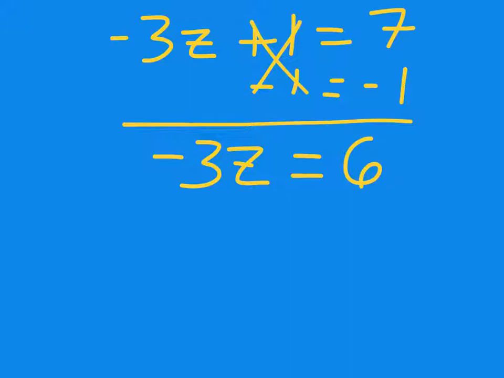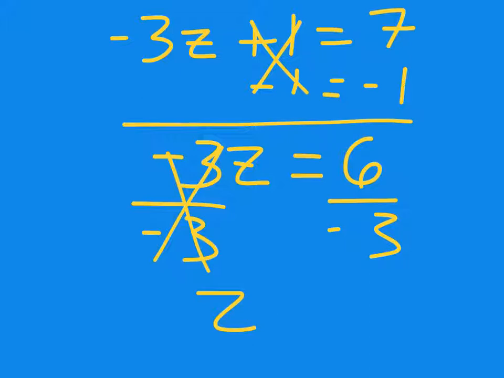Now our second step, because this is a multi-step, is I need to use division to separate the -3 and the z. So I'm going to divide by -3 and divide by -3. The 3's on this side cancel out, leaving me with z. And 6 divided by -3 is -2. So if you got -2, congrats, you got the right answer. Good job.